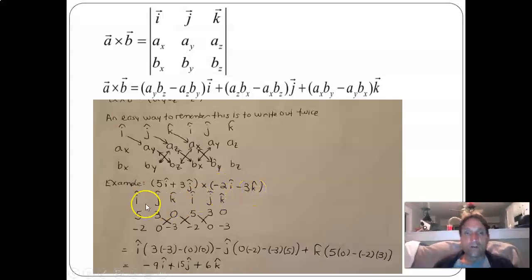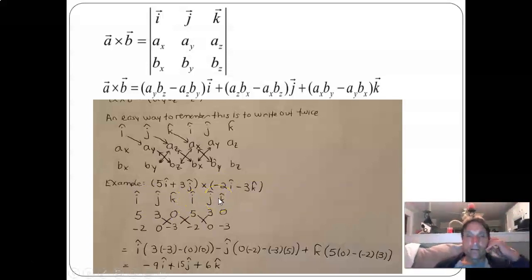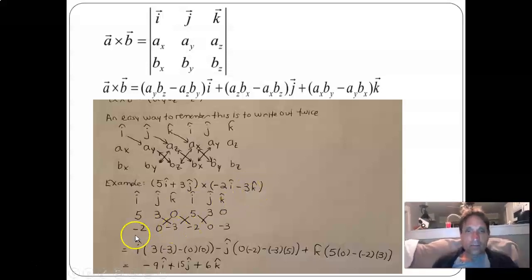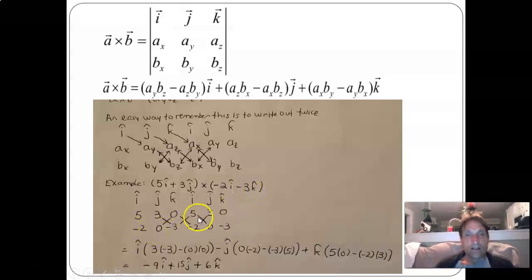Okay, so we can write IJK, IJK, and then vector A: its X component is 5, its Y component is 3, its Z component is 0. So 5, 3, 0, 5, 3, 0. The second vector, B, has X component negative 2. There is no Y component, so 0. The Z component is negative 3. So its coordinates are negative 2, 0, negative 3. We write that twice.